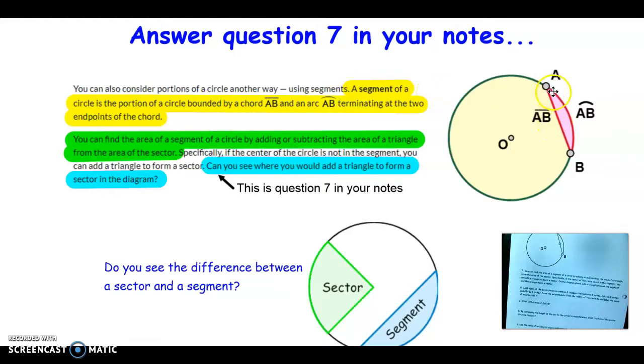So in this case, this pink section here is a segment of a circle, that whole region that's shaded pink. It has chord AB and arc AB as its boundaries.